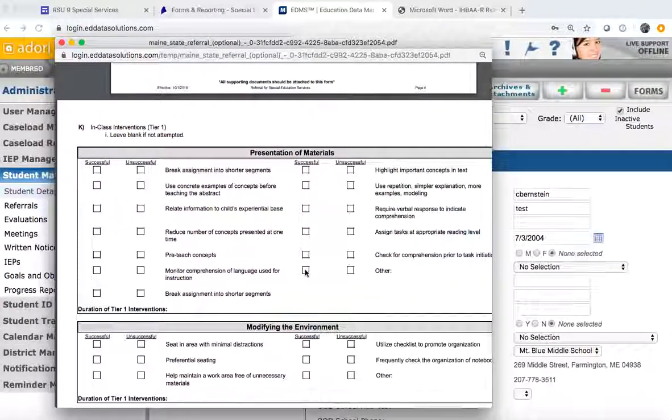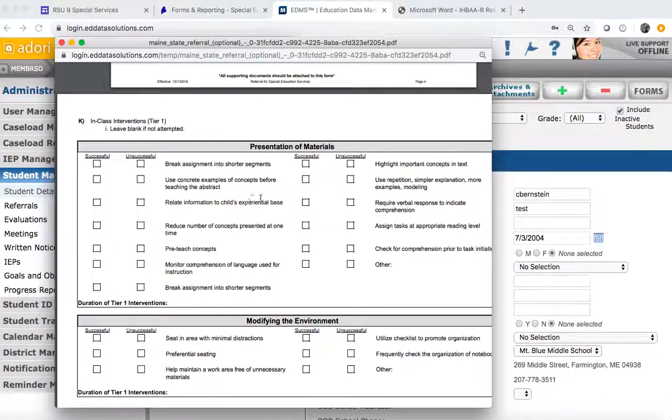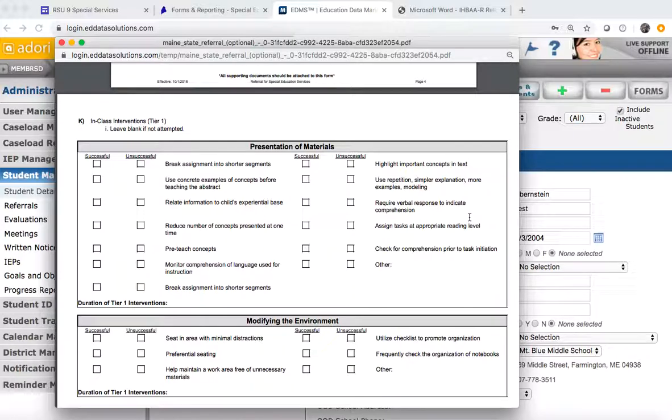Then, the section K is called in-class interventions, considered tier 1 interventions. You're going to look at this and say that looks a lot like accommodations, and that is, I think, accurate. So when you talk with general education teachers, indicate these would be accommodations that you're using in your classroom.